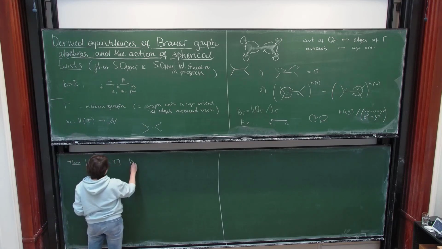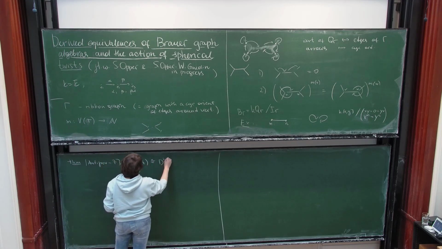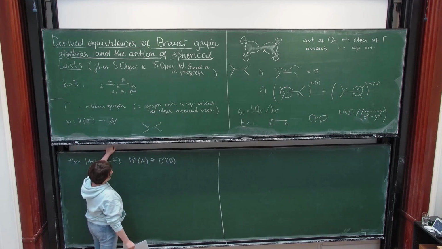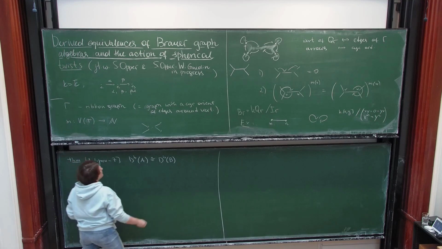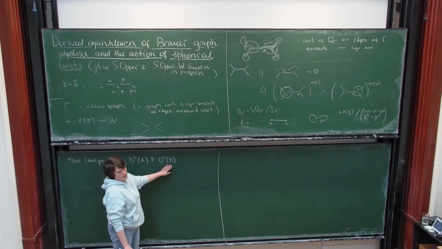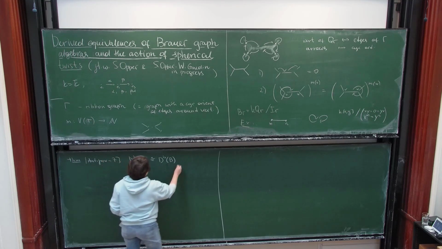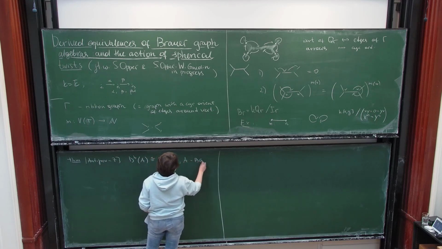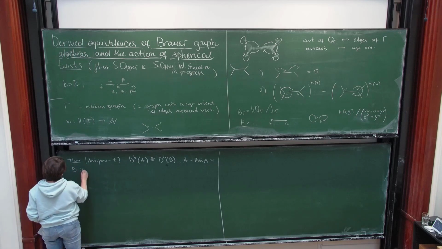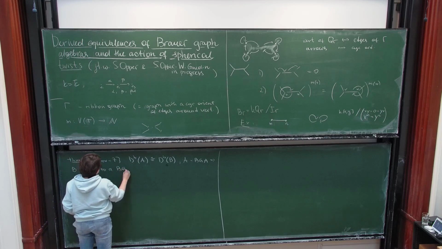If A is a Brauer graph algebra, and B is some other algebra such that their bounded derived categories are equivalent as triangulated categories, then B will also be Morita equivalent to a Brauer graph algebra. So if it's basic, then B is Morita equivalent to a Brauer graph algebra.